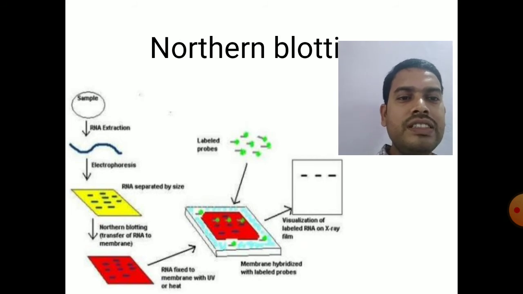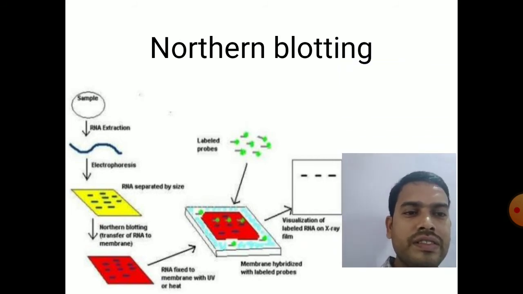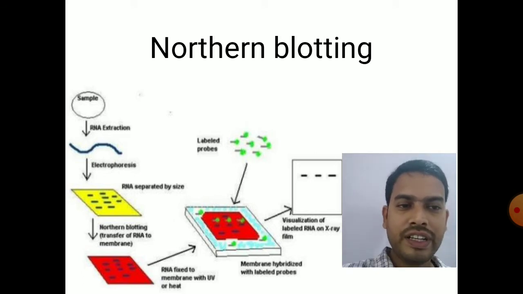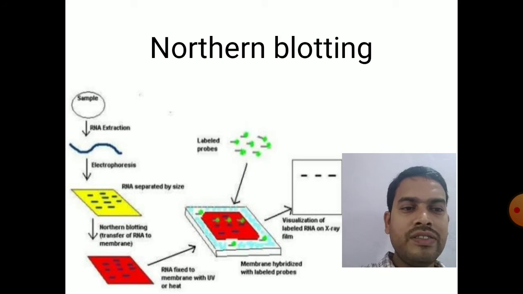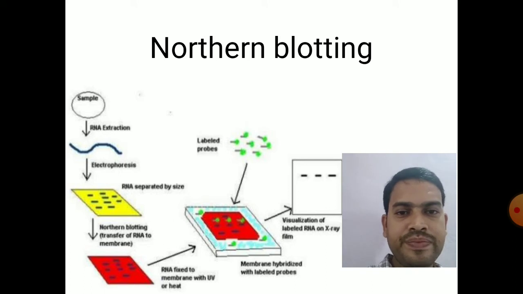The next one is Northern blotting. Northern blotting, as I mentioned, is used for the identification of mRNA of interest or an RNA fragment from the entire RNA genome. Generally, RNA genome containing viruses and all organisms can be used for the identification of RNA of interest.